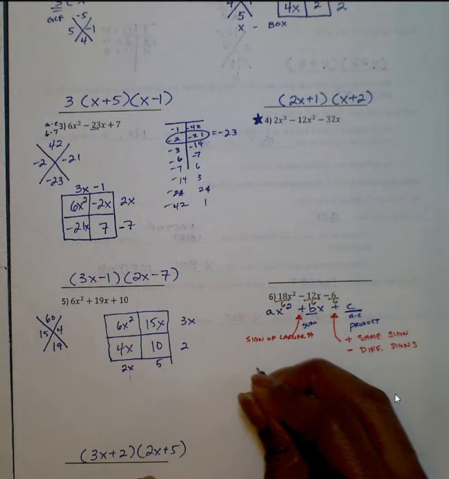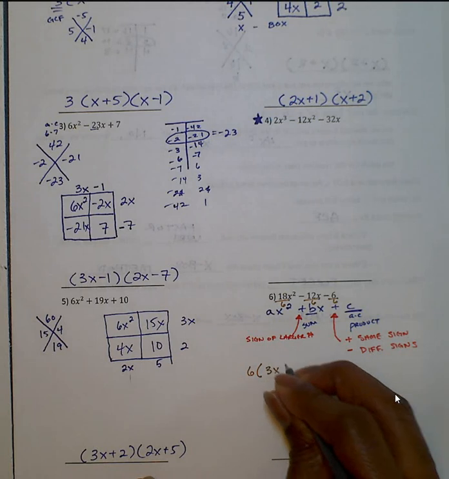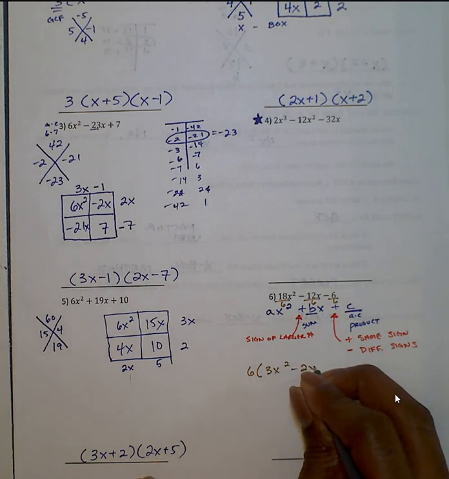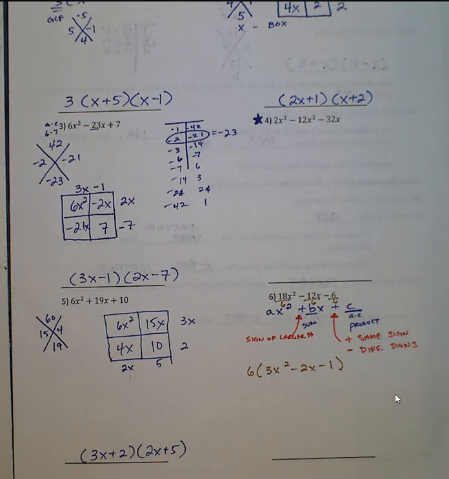So I factor that out, which gives me 3x squared minus 2x minus 1. Now, isn't that something? I took out a GCF and a still isn't 1.